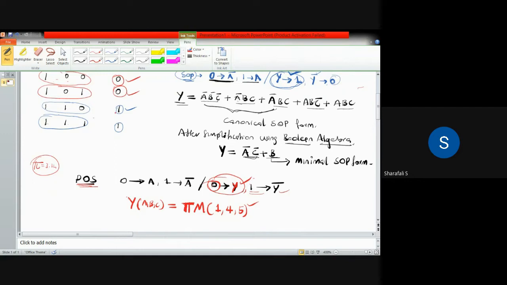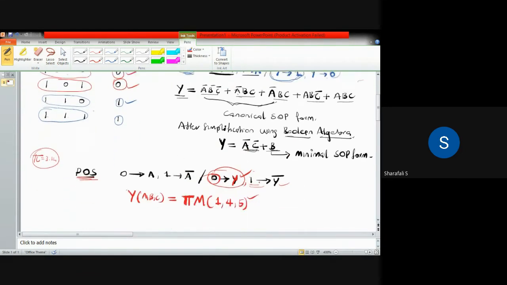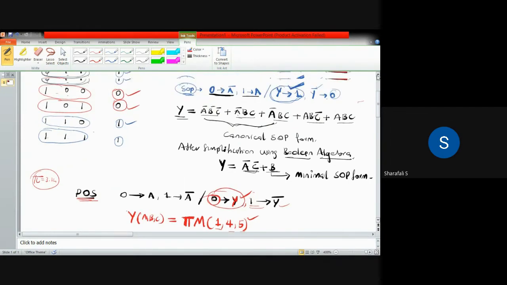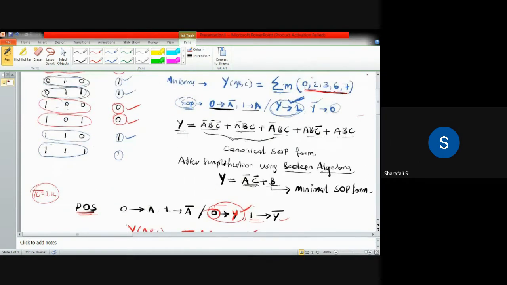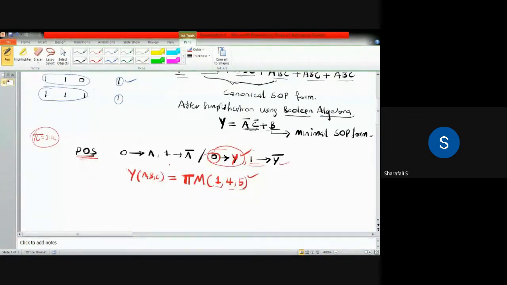Those positions or addresses which are absent when you consider the SOP form using these min terms will be present in the POS when you are representing the same in max terms. Okay, so by considering this, you can use the simplified form. Both will give you the same result. The max terms that you can get after analyzing the truth table.